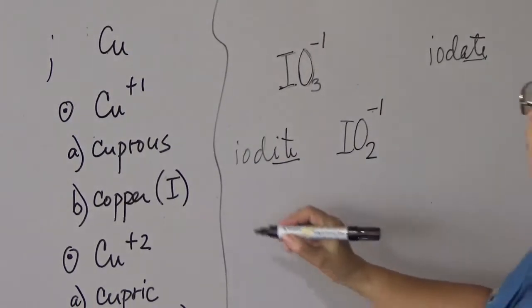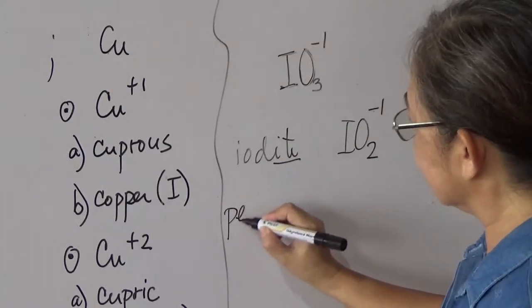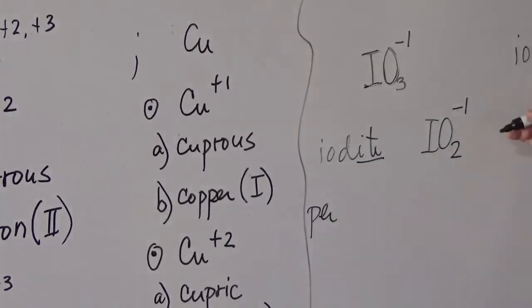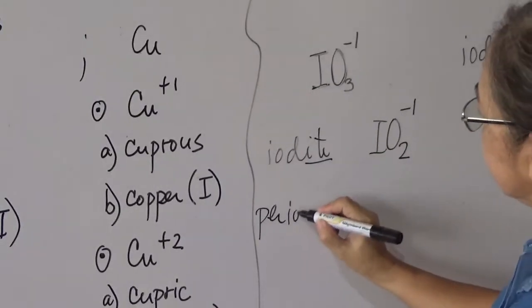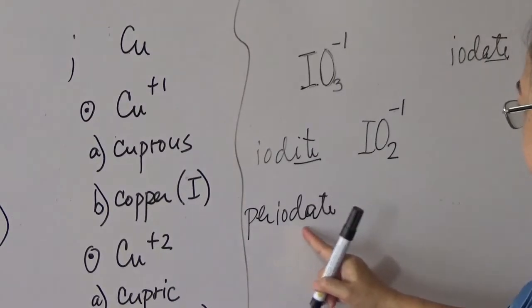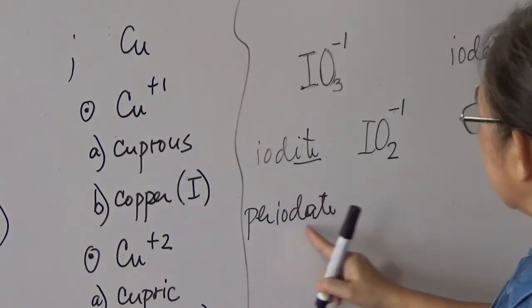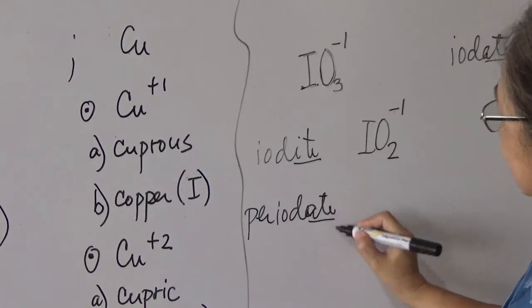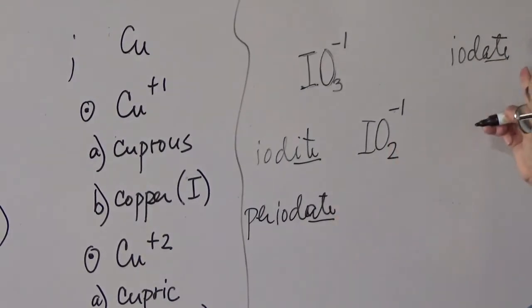If we have periodate, meaning higher than iodate, still it ends with ate, so it is higher than iodate.